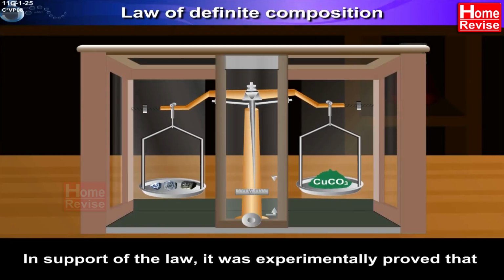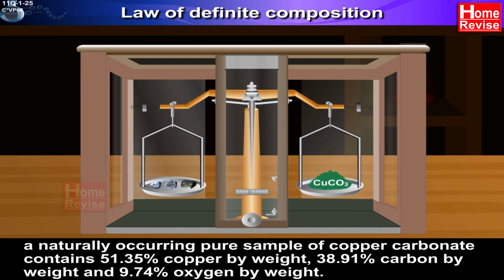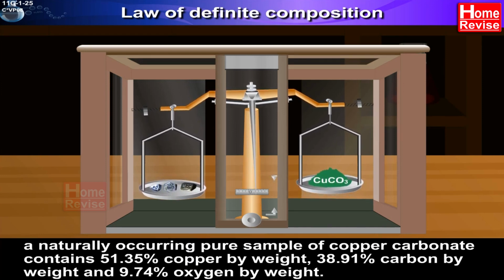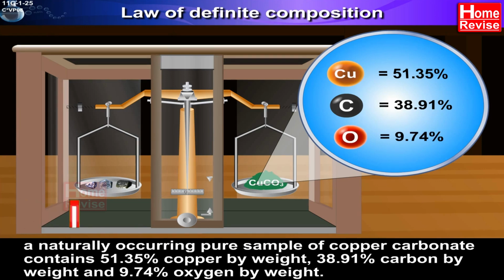In support of the law, it was experimentally proved that a naturally occurring pure sample of copper carbonate contains 51.35% copper by weight, 38.91% carbon by weight, and 9.74% oxygen by weight.